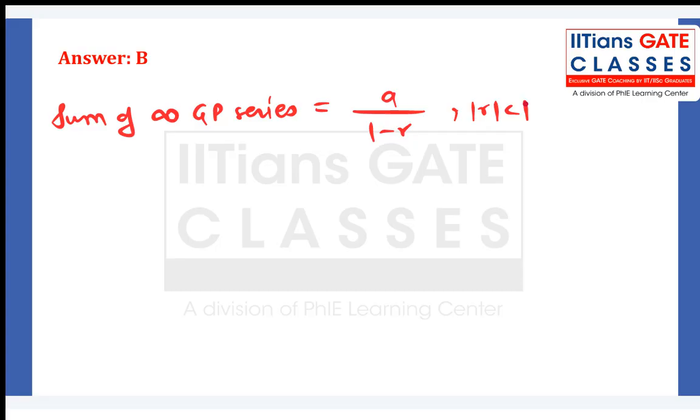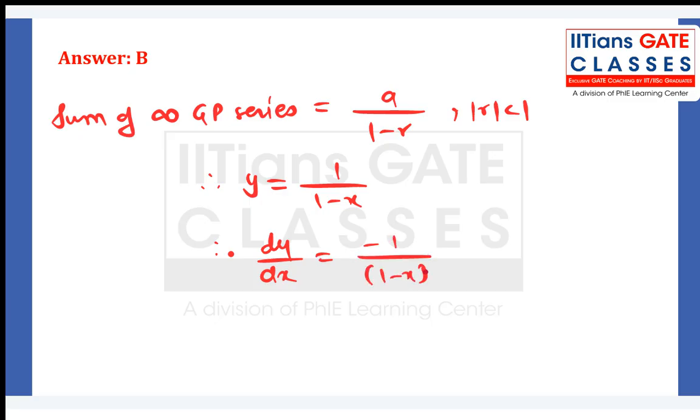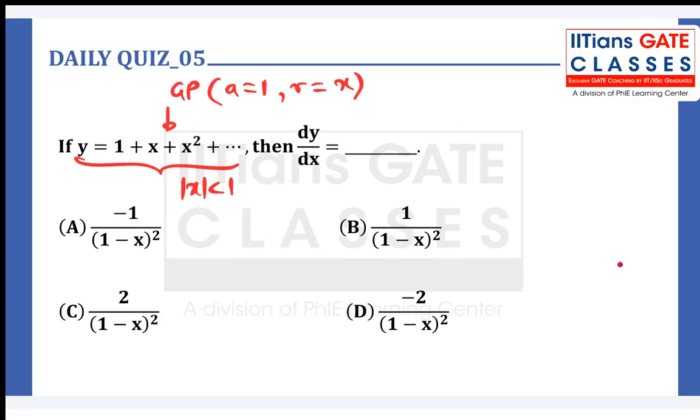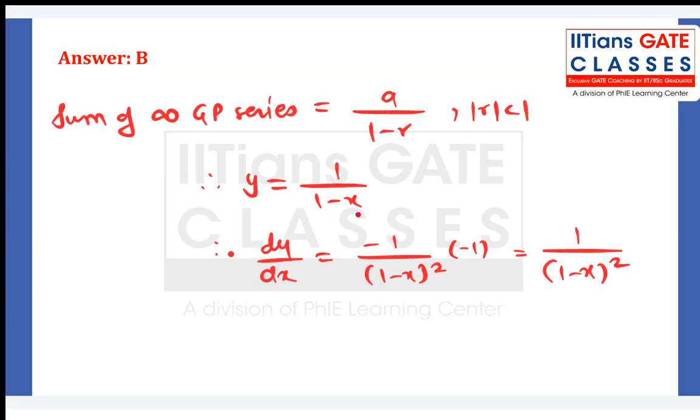So that's why in this question they should have given you some additional information, because in that case you can write y as 1 by 1 minus x, and therefore dy by dx you can directly write as minus 1 by 1 minus x whole square into minus 1. So basically 1 by 1 minus x whole square, and that is your option B. That is also the correct option.